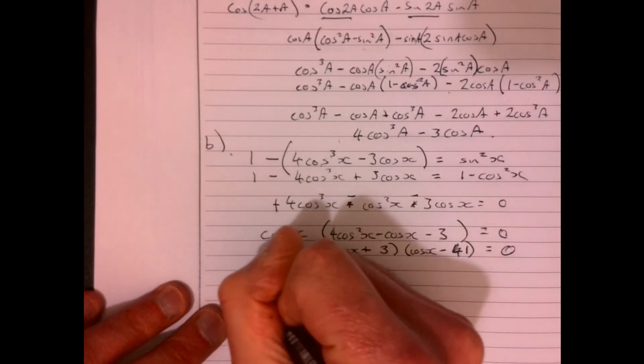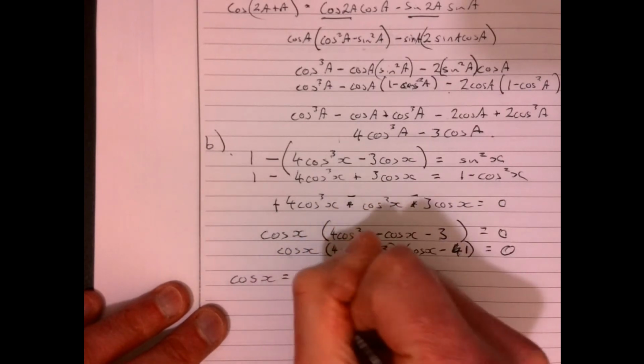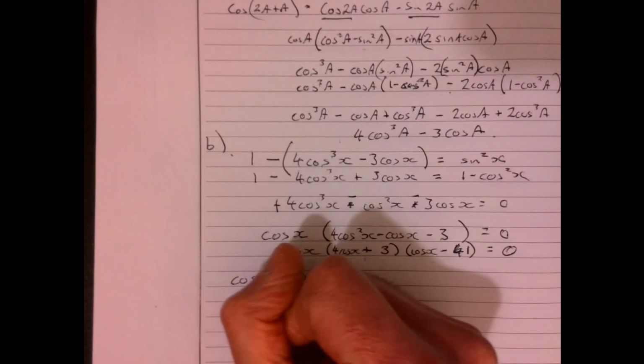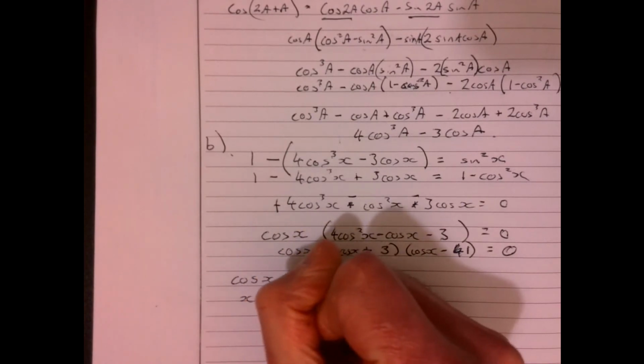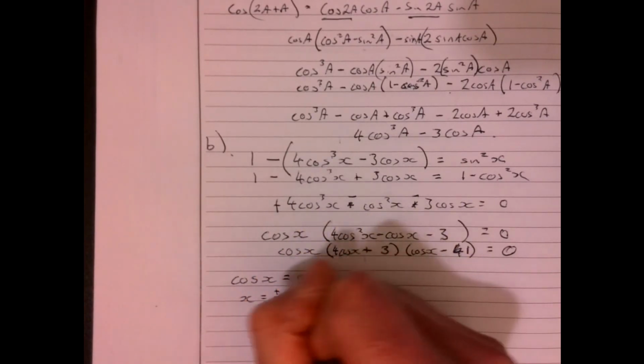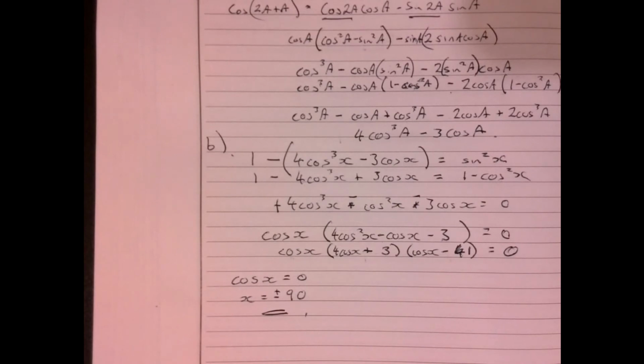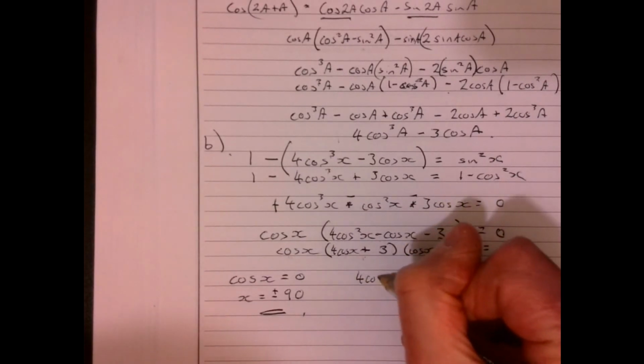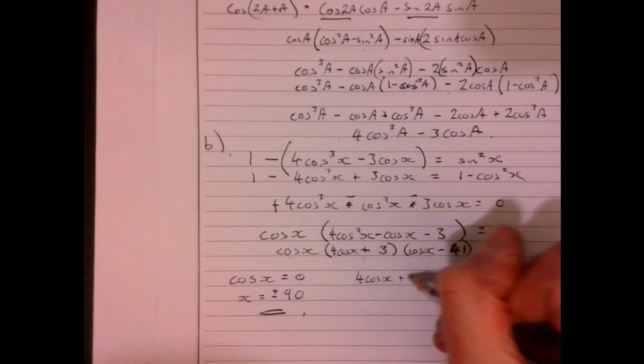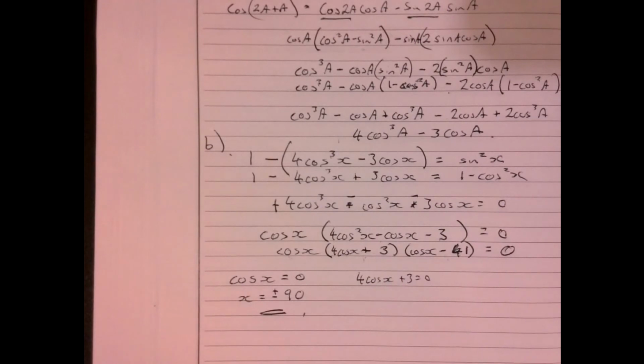Let's take each one in turn. When's cos x equal to 0? x could equal plus or minus 90, so there are 2 solutions there. Now let's consider this one. When's 4 cos x plus 3 equal to 0?